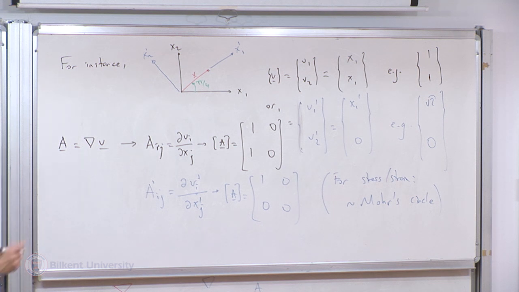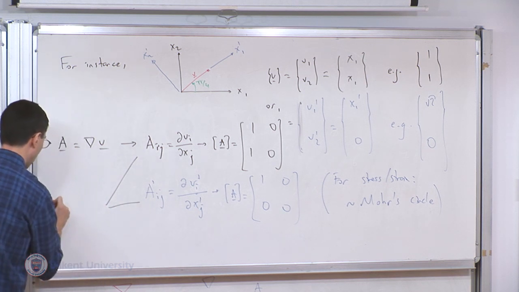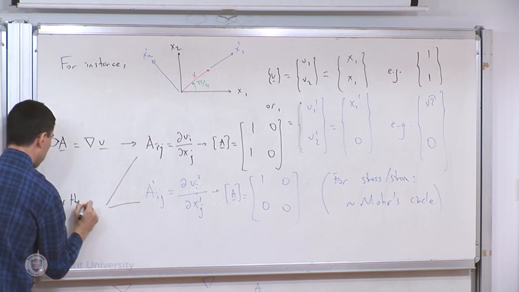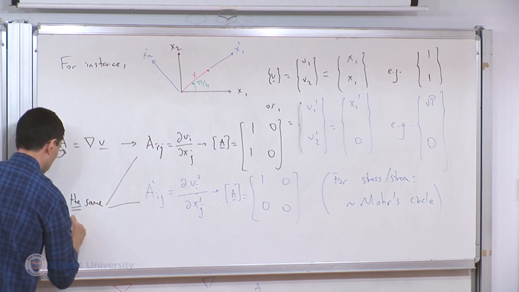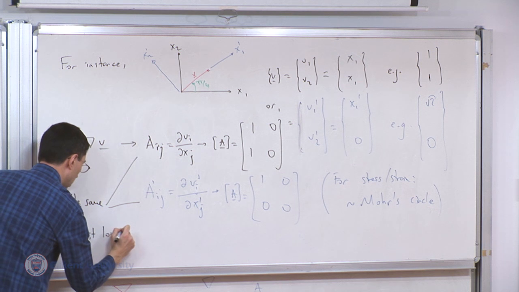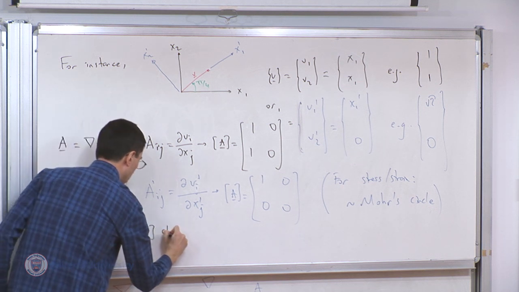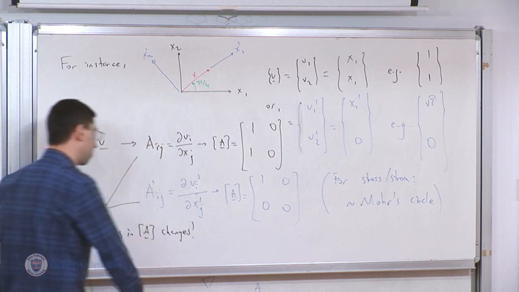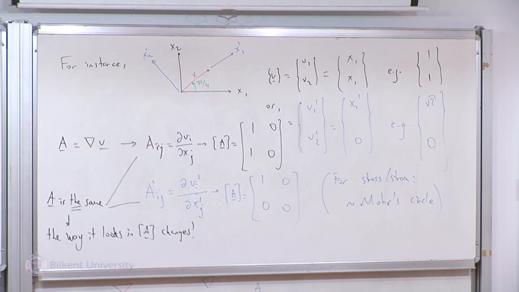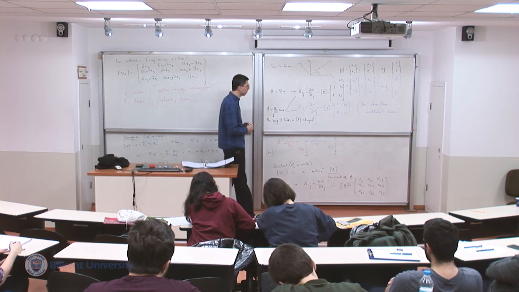And let me also emphasize once again that A is the same. The way it looks changes. Whenever I write a matrix, we have to keep in mind that it's just the representation of that quantity with respect to a particular choice of the coordinate system.